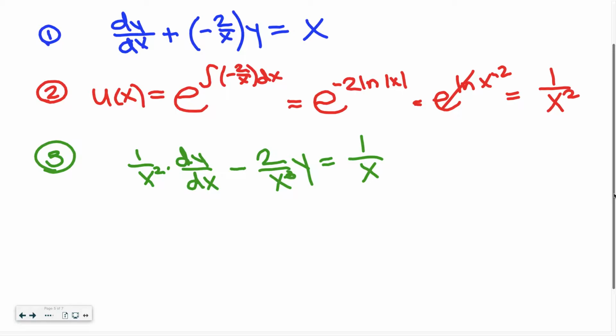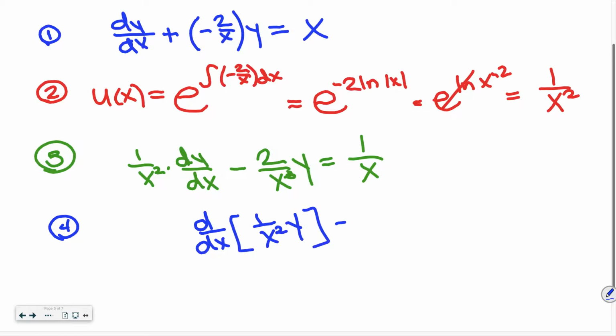Is this the product rule for y and 1 over x squared? Yes. So we are going to rewrite this as the derivative of 1 over x squared times y, and then we can integrate both sides.